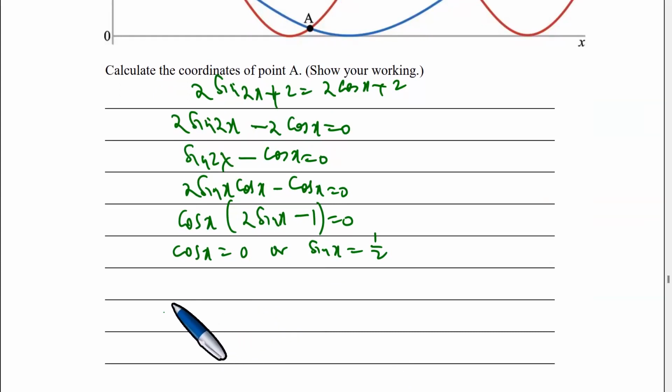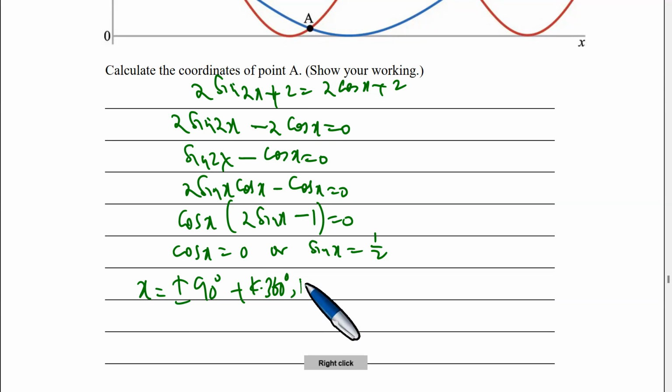Which means, therefore, that x, this one here, arc cosine, is going to be plus or minus 90 degrees plus k times 360 degrees, where k is an element of the set of integers.